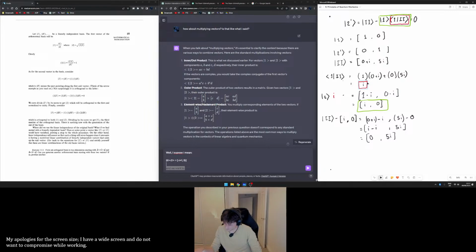And this one is 5i minus 0, which equals 5i, which equals 5i. That does not equal 0. Oh dear. Okay, so let's look back to what we found out before.